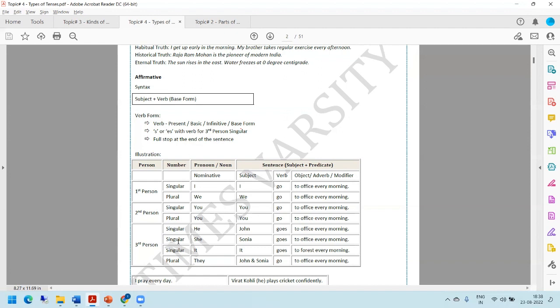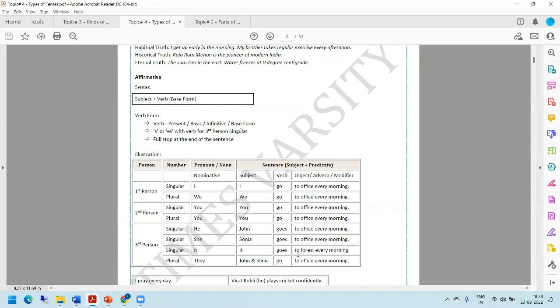Then third person singular, she. She goes to office every morning, because this pronoun is also a third person singular. This is applicable to all third person singular. So instead of she, we can say Sonia goes to office every morning. Then the third person singular, it. Maybe we will make a sentence using this pronoun.